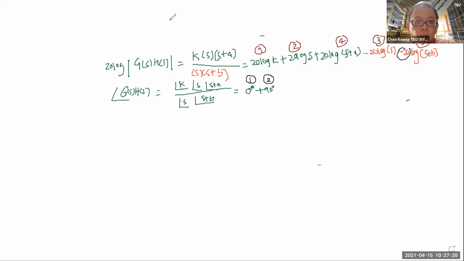Of course, the third one, if I put the same order, is no longer an angle in that sense. This is actually tangent inverse of omega over A, since it is j omega. So this is plus tangent inverse of omega over A.